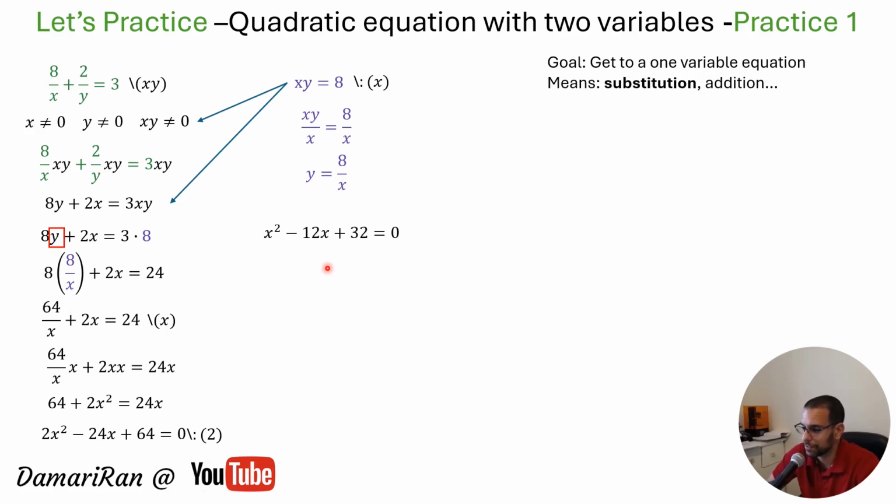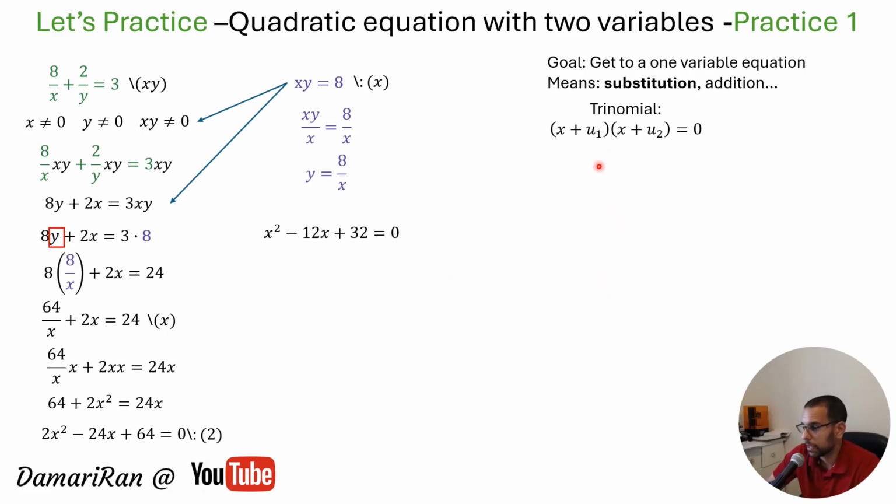Skill comes with practice. All right, so what do we have here? We have a equal to 1, b equal to minus 12, and c equal to 32. So you can plug it into the quadratic equation and get the result you want. Of course, you're free to use the discriminant before to know how many results you should expect. Now, I chose to use the trinomial. I love the trinomial.